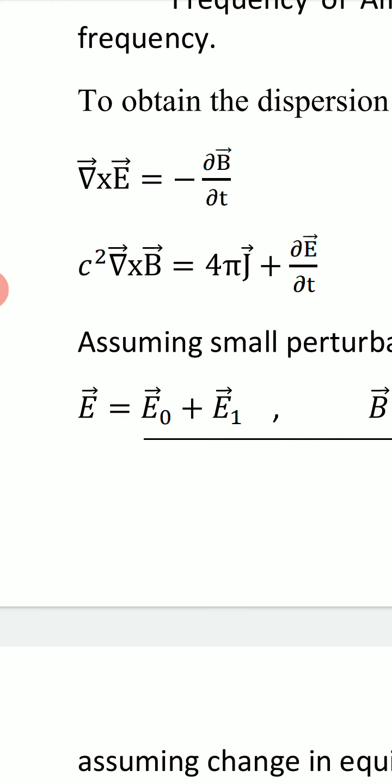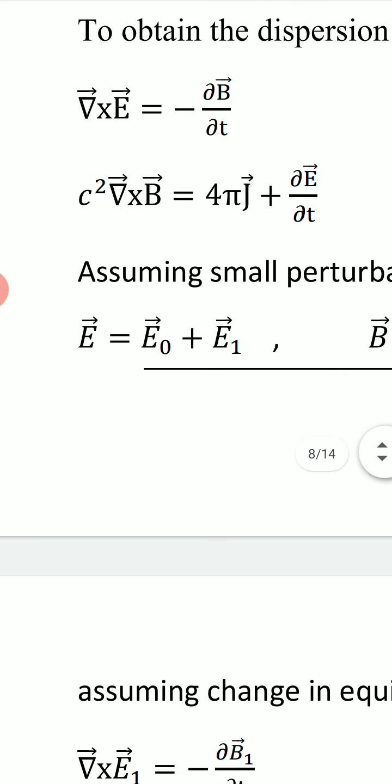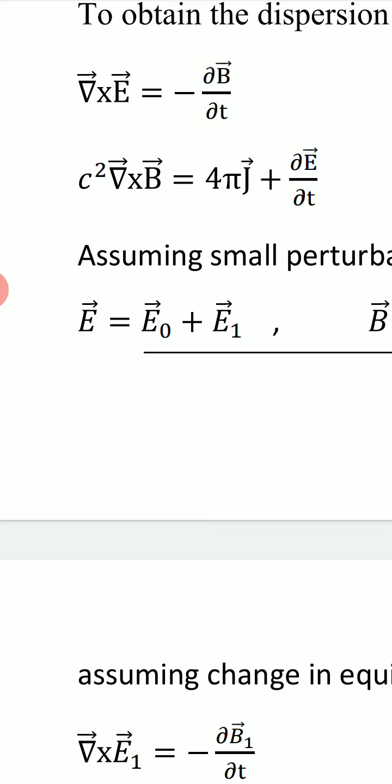We use these two Maxwell's equations. First is del cross E equal to minus delta B upon delta T, and second is c square del cross B equal to 4 pi J plus delta E upon delta T.